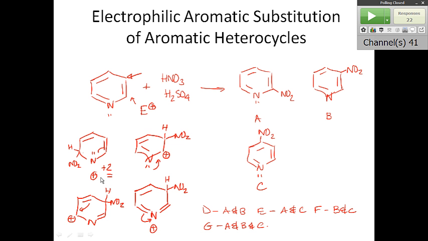So if I put the NO2 there, how many more did I get? 2 more. Well, I got 1, 2, and then there's a third one here. So I would get that resonance structure plus 3 more.